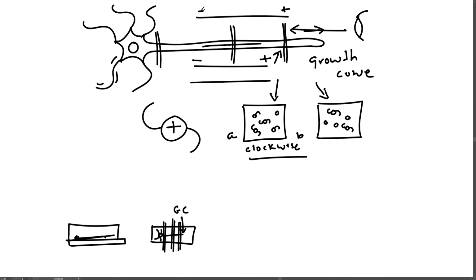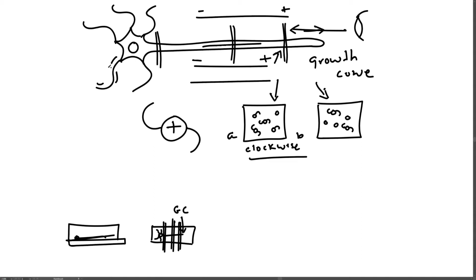So an easy way to think of this is that the minus end faces the cell body, and the plus end faces the growth cone, or in a mature axon which has formed a synapse, the plus end is towards the presynaptic terminal of the neuron. Okay, pretty cool, right?